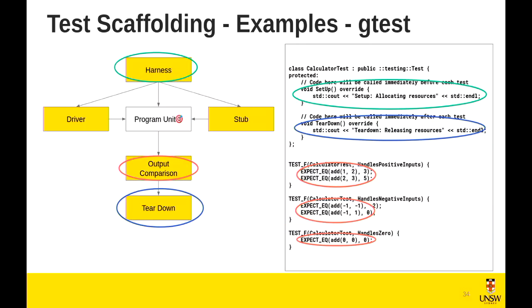And instead of learning a particular framework, we learn about the structures that appear in every one of the frameworks. And we introduced some new concepts here, like harness, like output comparison and teardown. And we encountered some old comparisons, like drivers or stubs.